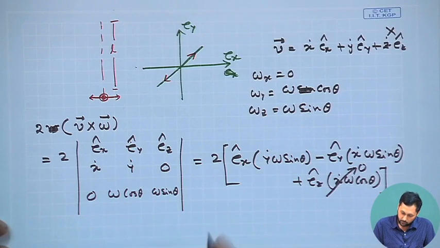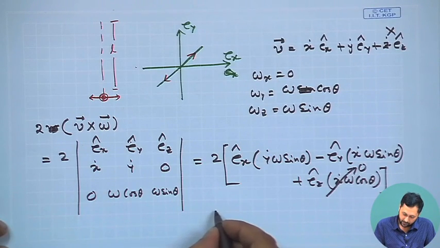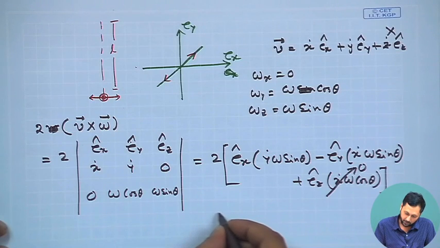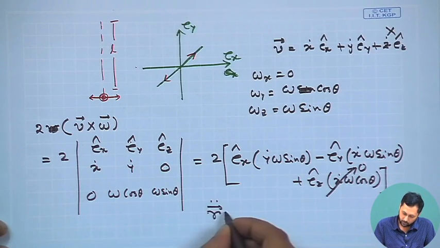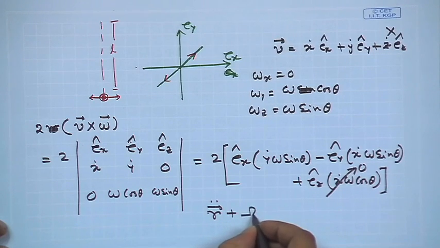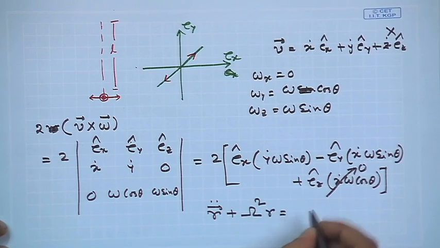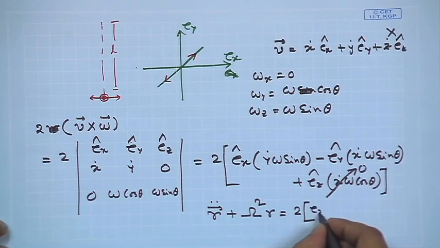So, including this, we can write the equation of motion for this pendulum as r double dot plus omega square r equal to 2.